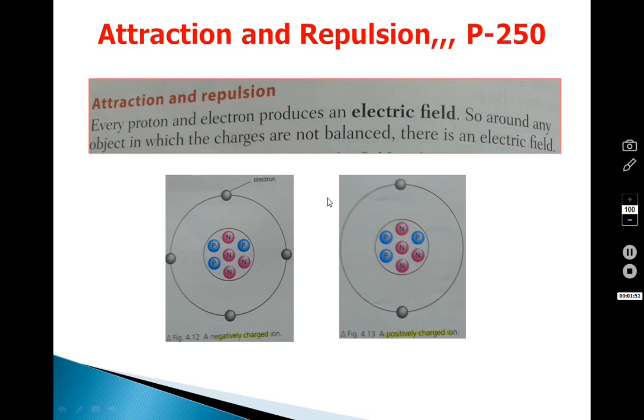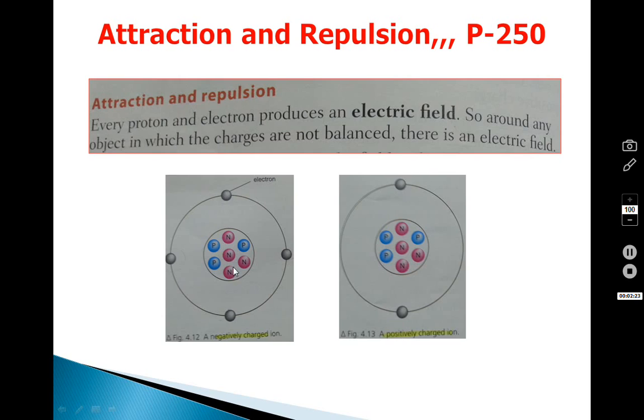Any atom, as we can see here in this figure, consists of 3 main parts or elements, which are electrons, traveling outside here, and protons and neutrons. Electrons are always negative charge, protons are always positive, neutrons have no charge.